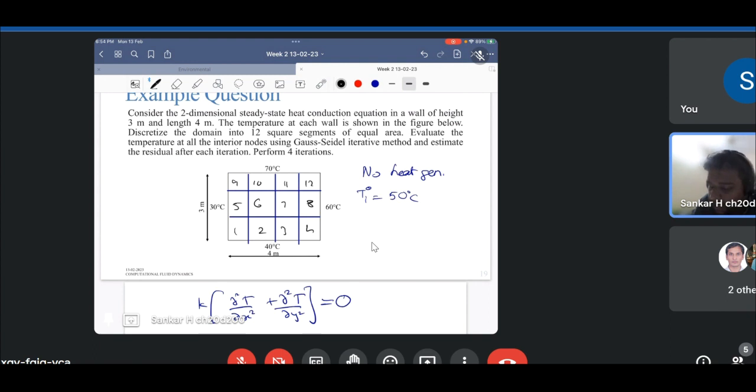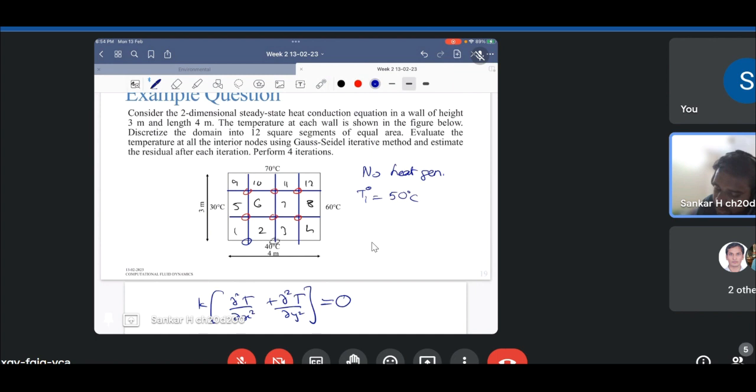We need to solve for the temperature profile at each node. Therefore, how many interior nodes would be there? There would be 1, 2, 3, 4, 5, 6. These are the temperatures that need to be found out. What all is known?